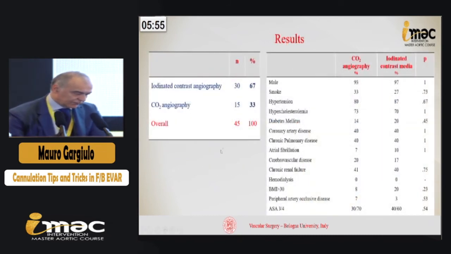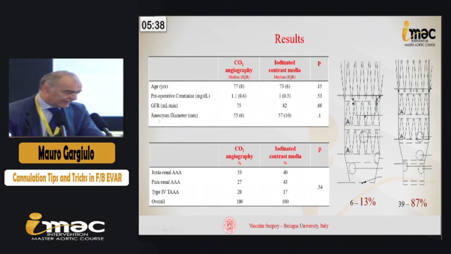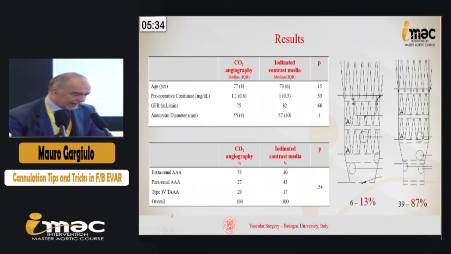We collected 45 patients, 33% treated with CO2 angiography and 67% with iodinate contrast angiography, without any difference between the 2 groups regarding demographics: age, preoperative creatinine, GFR, and aneurysm diameter, and the same regarding the distribution of the aortic disease.